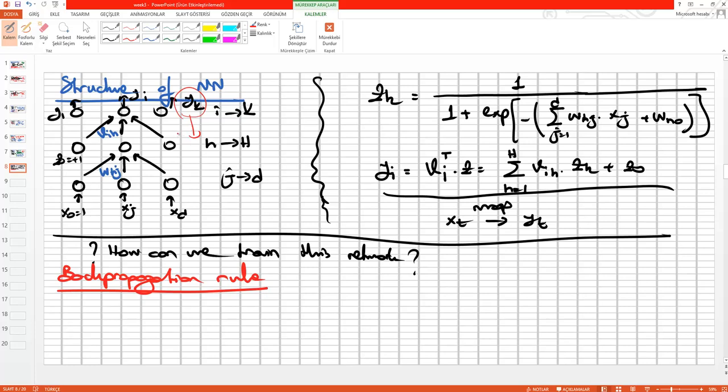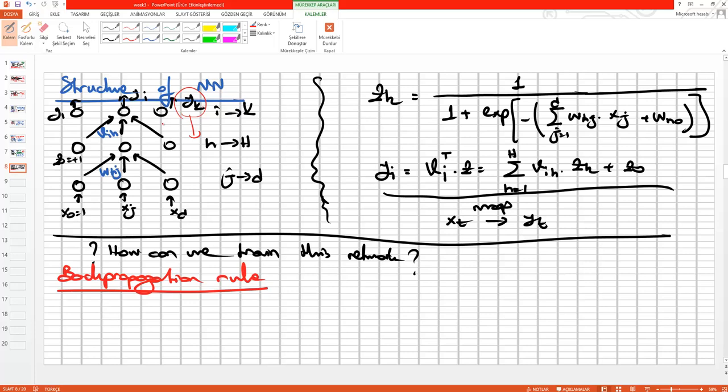But how does this happen? If we can change the whole parameters W or the V value in here, we can solve the minimization problem, or we can reduce the error between the training data set and the output.